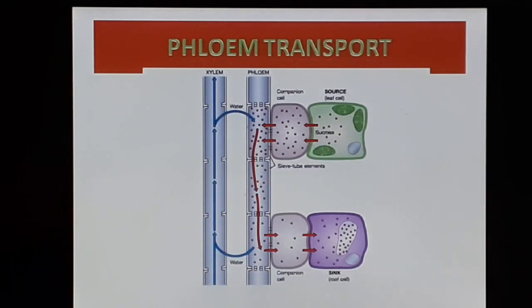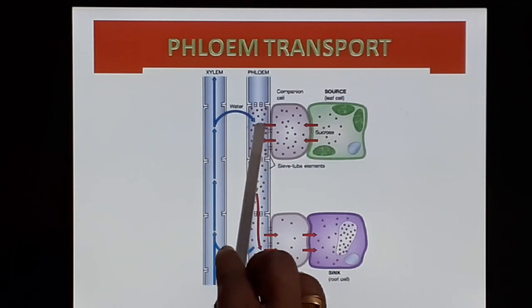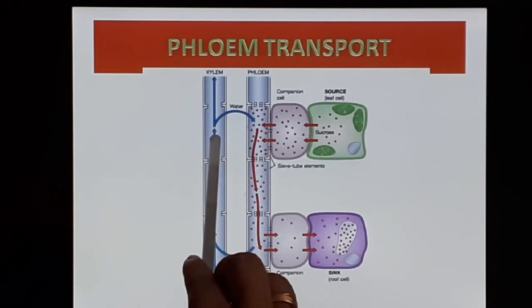This creates a pressure inside the phloem tissues, which causes the movement of materials in the phloem to a low pressure area according to the plant's needs. First, sucrose or glucose enters into the phloem elements. This creates a decrease in water concentration compared to the adjacent xylem cells.